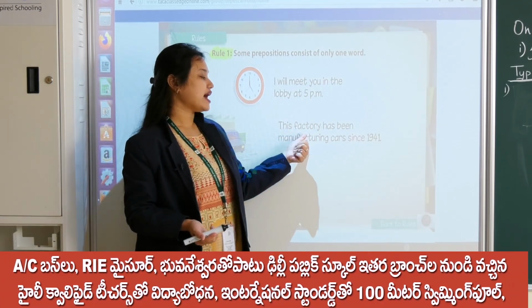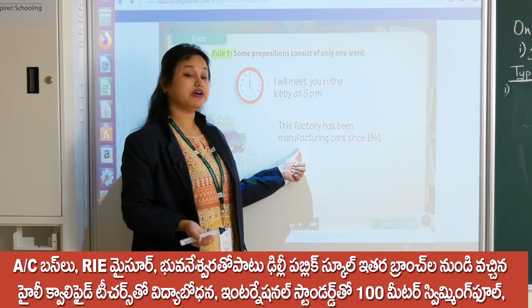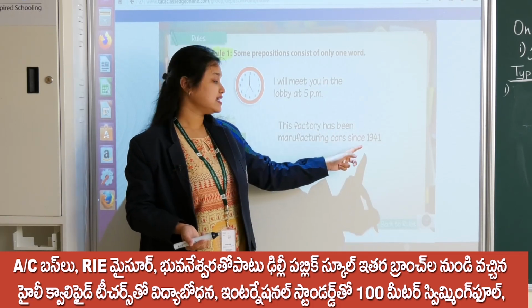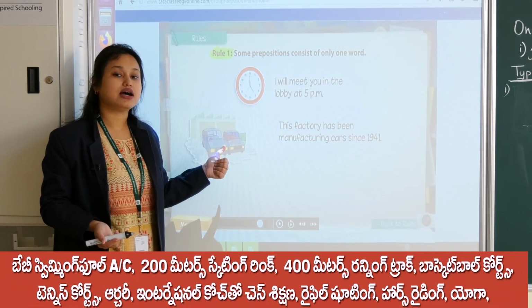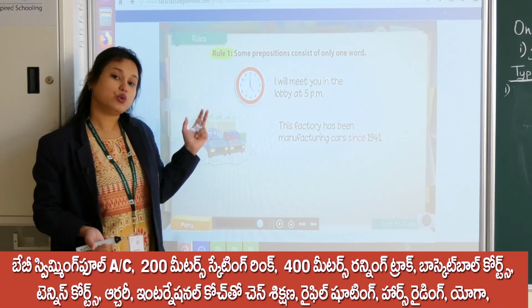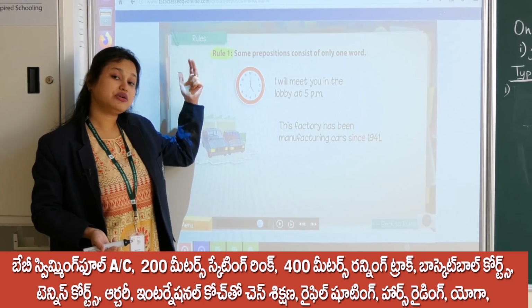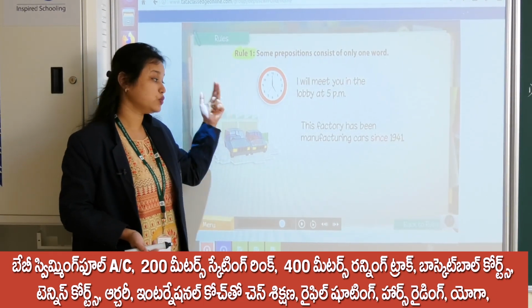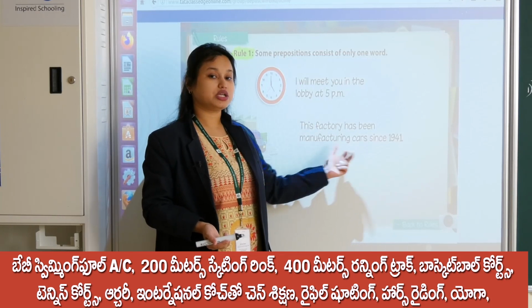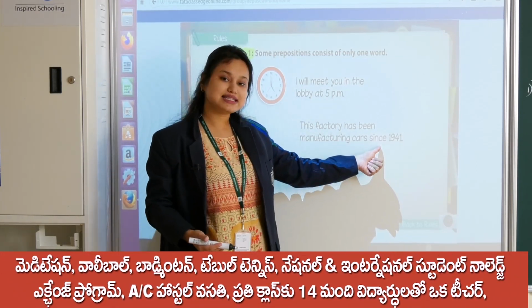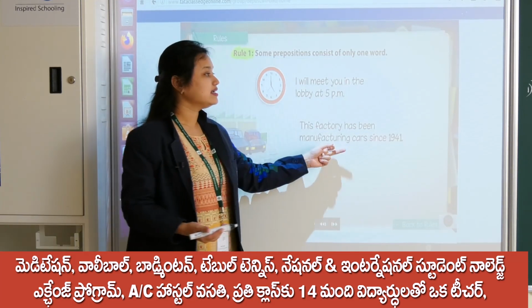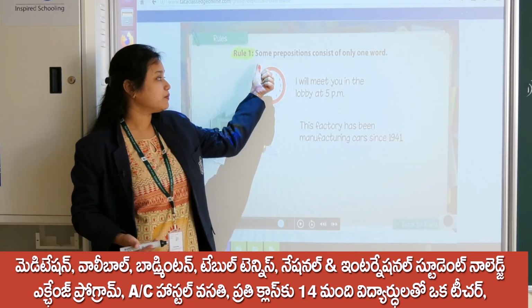Next, this factory has been manufacturing cars since 1941. So one factory is there and they are manufacturing cars since 1941, meaning from the year 1941 they have been manufacturing cars, right? So for so many years they are manufacturing. Since is again one preposition and it is a simple preposition, right?